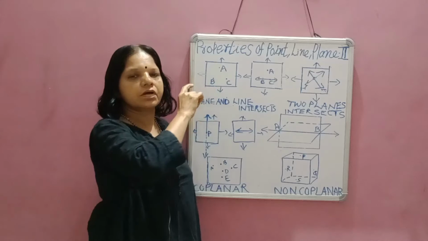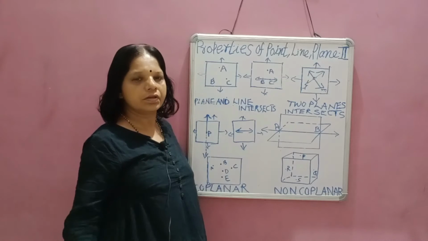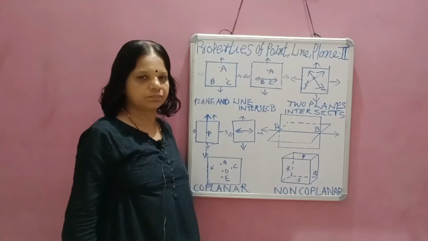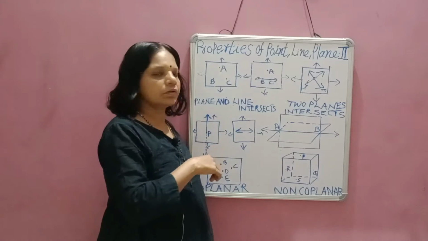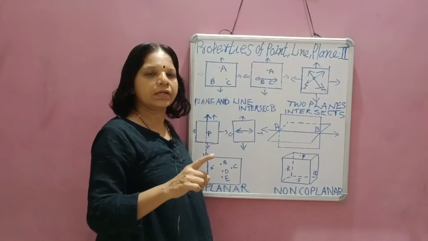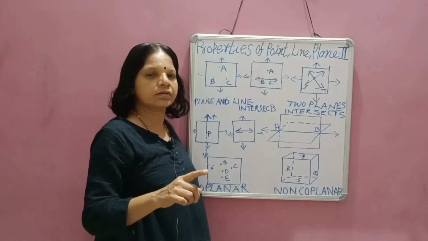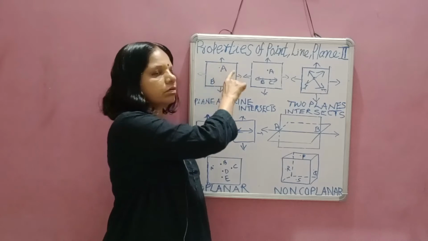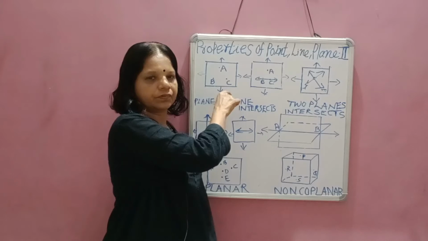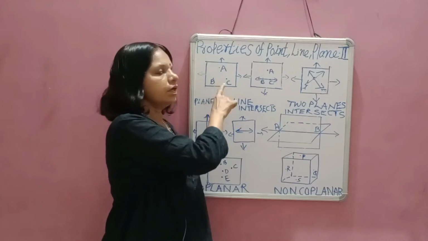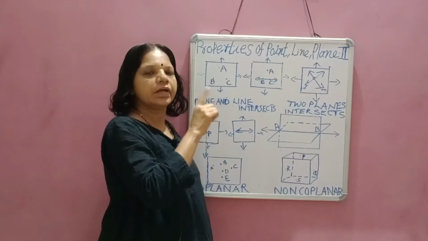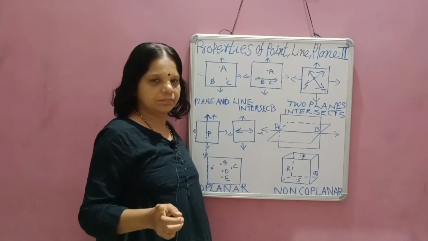3 points which are non-collinear. So according to the property, one and only one plane can be considered through three non-collinear points together, or three non-collinear points determine a single plane.